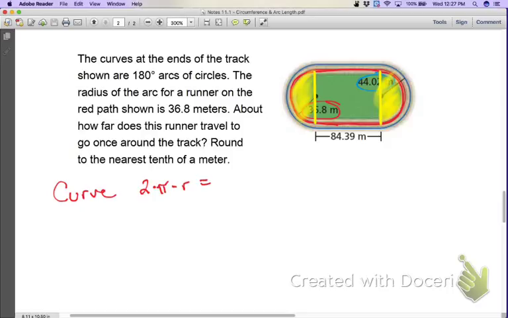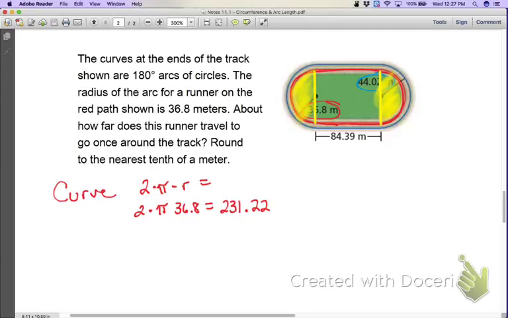My radius is 36.8. So 2 times pi times 36.8. So the distance on the curve is 231.22 meters. Let's go with that.